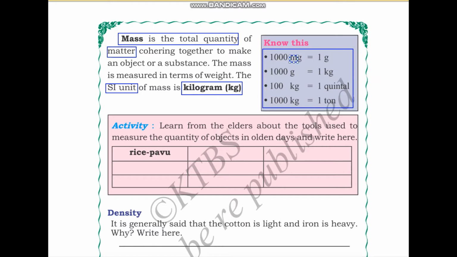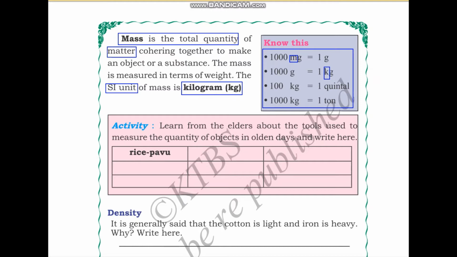Milli always means if you put 1000 millis together, you get 1 of anything. So 1000 milligrams is 1 gram. And 1000 grams is 1 kilogram. Kilo is 1000 of anything. 100 kilograms is 1 quintal, and 1000 kg is 1 ton.